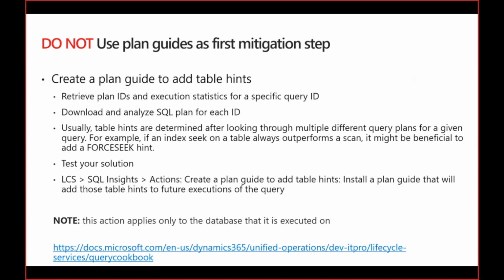So you could, for example, add a force seek table hint to a query. Similar to what you did before with forcing a specific plan with a plan ID, you can add a certain table hint and create a plan guide like this through LCS. Again, only for the specific database, done on production or wherever you create it. So you have to make sure that all your environments are in sync with every action you do directly on the database backend.